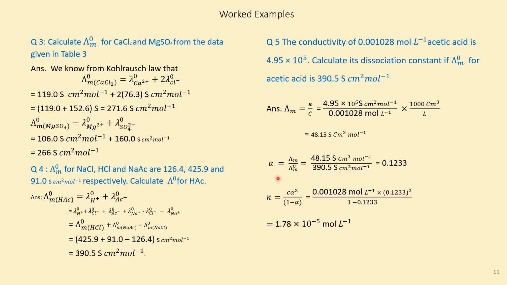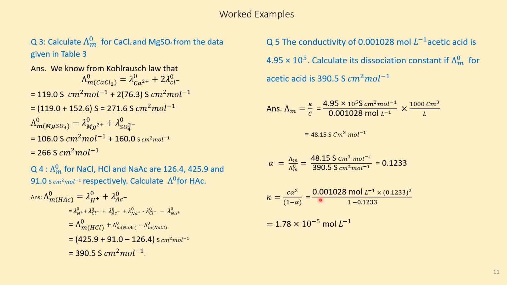So the degree of dissociation α is equal to Λm by Λ°m. That is 48.15 divided by 390.5. Simplifying, we get 0.1233. Alpha is a ratio, hence there is no unit here. Ka is equal to Cα² into 1 divided by 1 minus α.